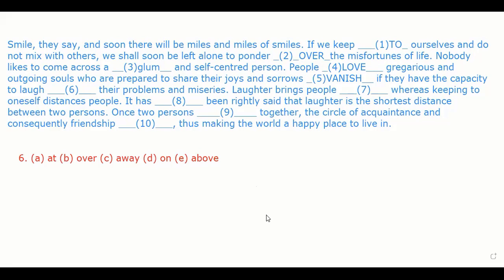People love gregarious and outgoing souls who are prepared to share their joys and sorrows vanish if they have the capacity to laugh. So it's very interesting. You'll say laugh at, or laugh over, or laugh away, or laugh above. Sir, laugh at.